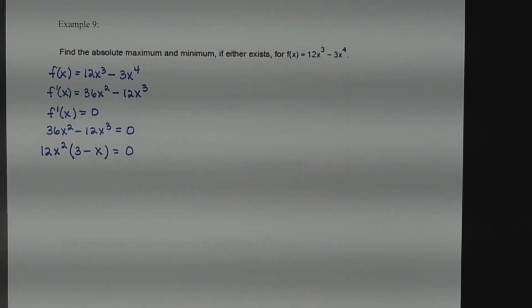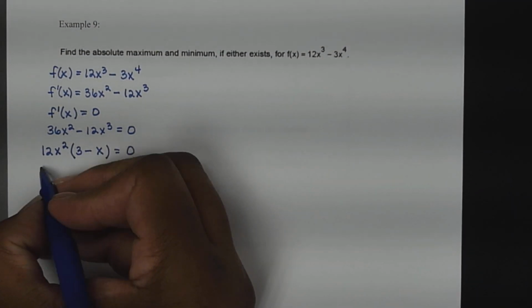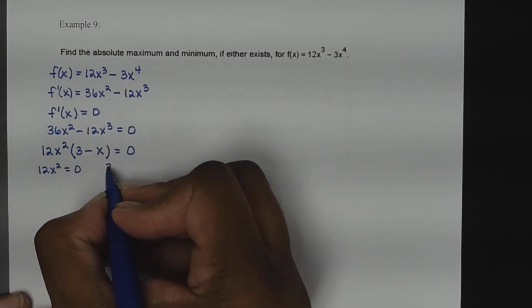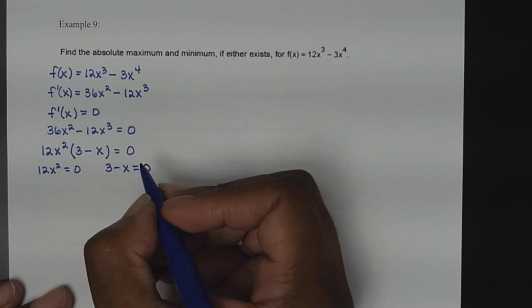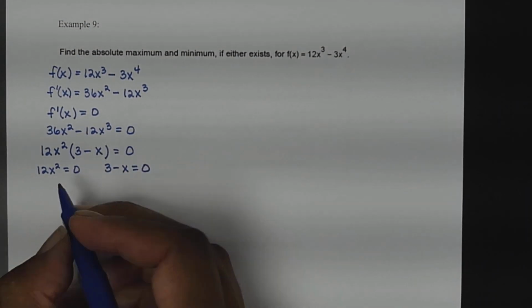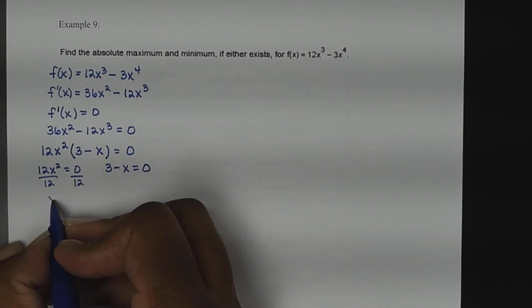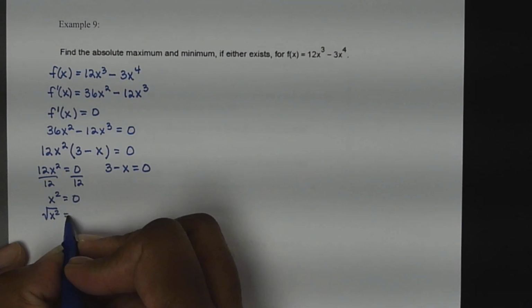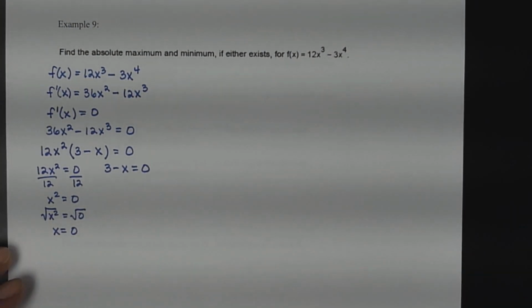And then we set each factor equal to 0. So I'm going to have 12x squared equal to 0, and 3 minus x equal to 0. For 12x squared equal to 0, that would mean x squared is equal to 0, and if I take the square root on both sides, x is equal to 0.